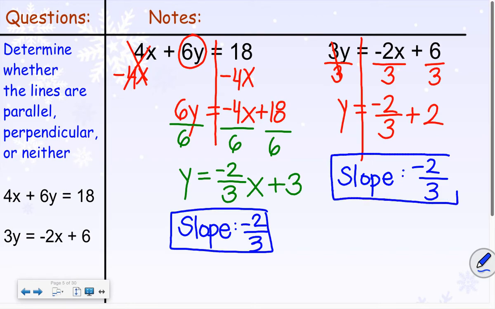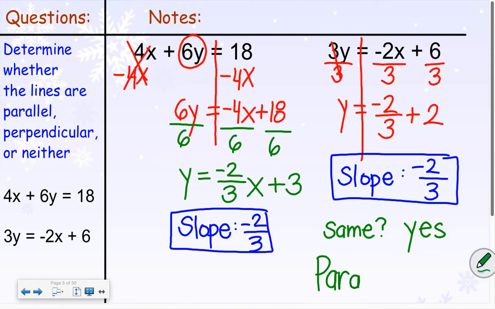So if I ask myself my questions, are my slopes the same? Yes, they are. So that means my lines are parallel. Same slope means that the lines are parallel.